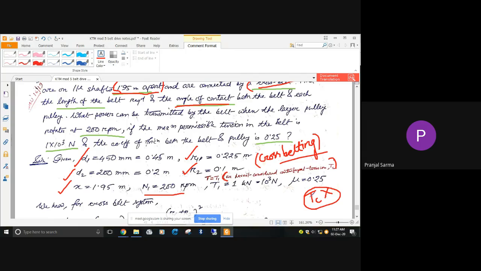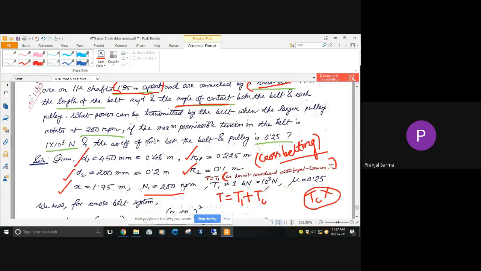Once you make this statement that we have not considered centrifugal tension, the maximum permissible tension on the belt is nothing but the tension in the tight side, T1. The maximum tension T equals T1, the tension in the tight side, plus the centrifugal tension.